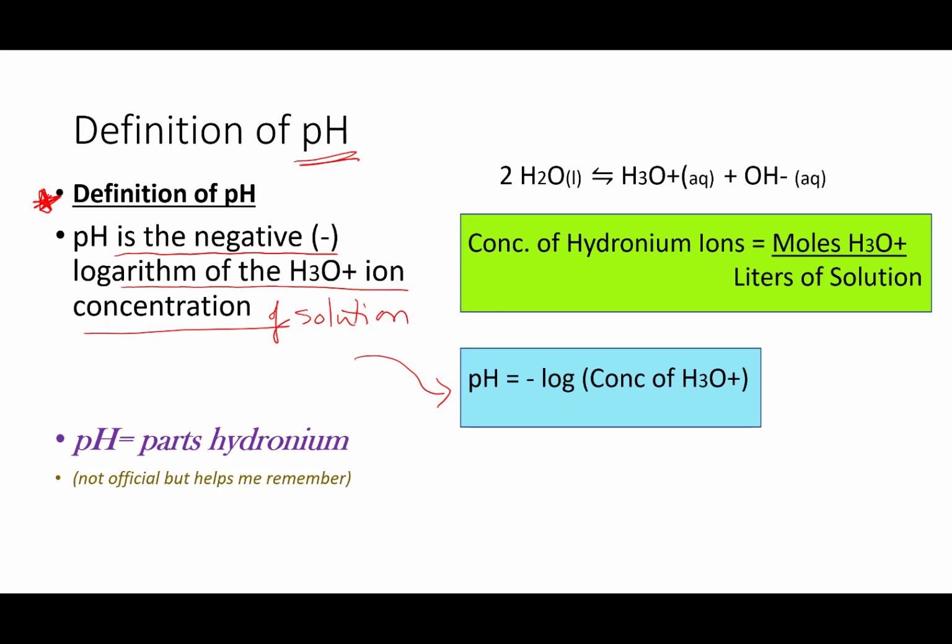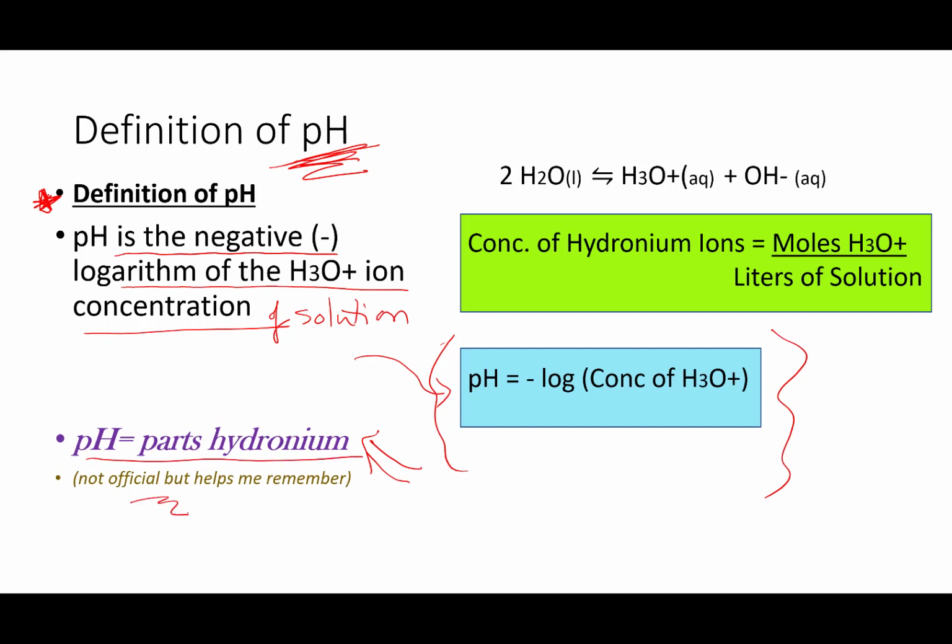Now, if you look at that and you go, ugh, logarithms and math equations, don't worry about it. We're going to spend a lot of time for the rest of this week and some time next week trying to make sense out of what this means. Now, pH actually stands for potential hydrogen. In Mary's little wacky brain, I think of it as parts hydronium.